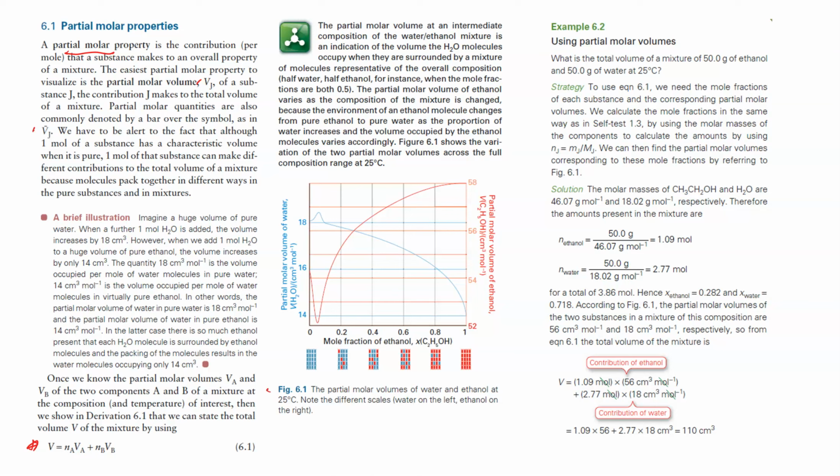And you can see that as the mole fraction of ethanol increases, we have an increase in the partial molar volume of ethanol and a decrease in the partial molar volume of water. So these are the partial molar volumes of water and ethanol at 25 degrees Celsius, and this is specific to 25 degrees Celsius, of course. Note the different scales, where water is on the left and ethanol is on the right.